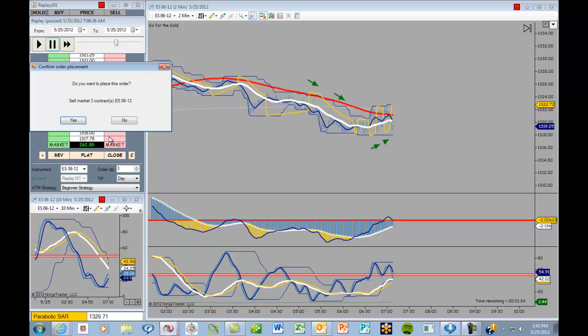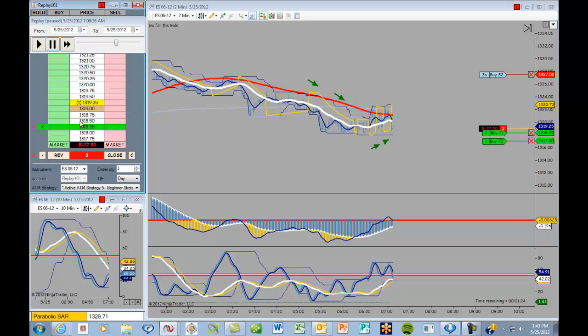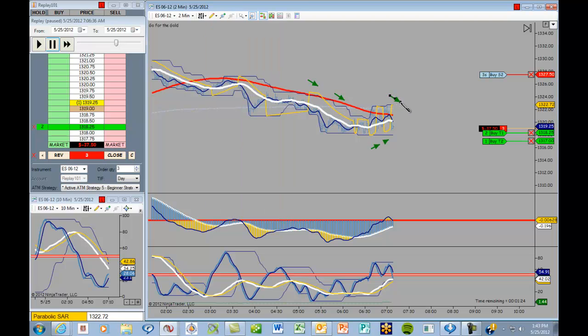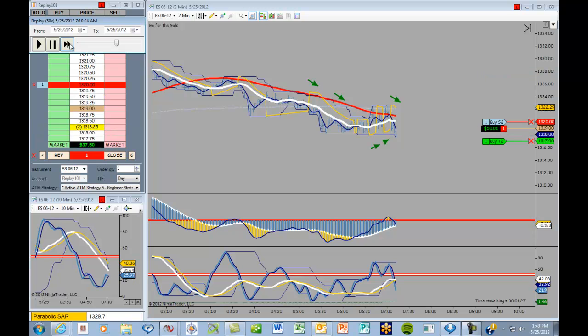So chances are it'll drop at least far enough to hit the first target. And let's go. Ooh, both targets. That's what we like to see.